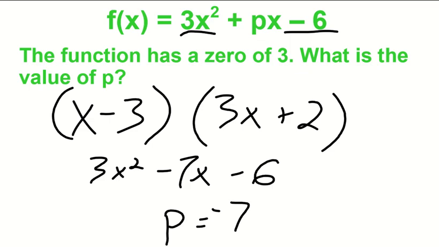I had to have a 3x to get that 3x squared. I had to have the plus 2 to make that minus 6 at the end. And then I just kind of FOILed to figure out what that B value is for P there. Any questions? To me, that was probably one of the trickier ones on that work yesterday.